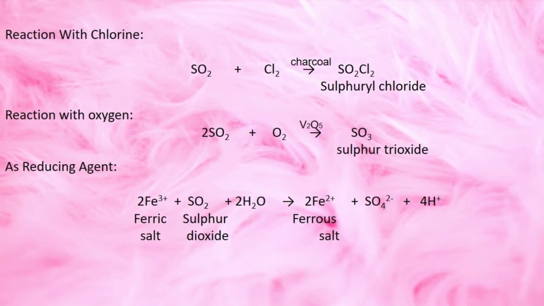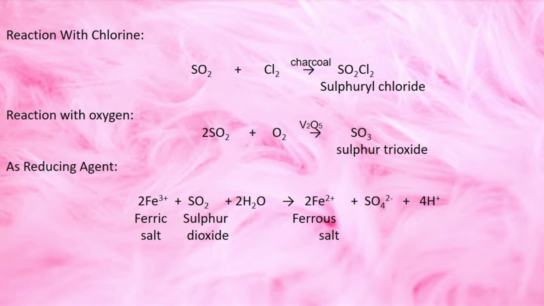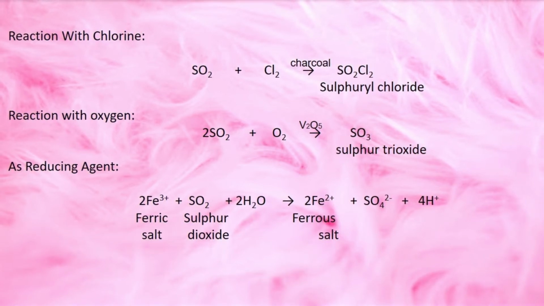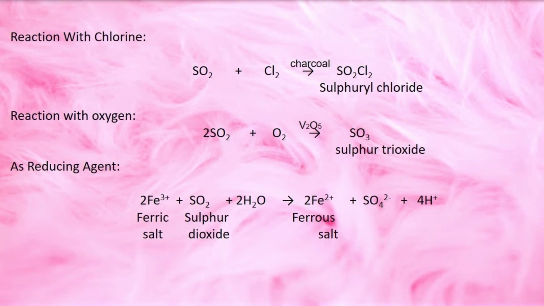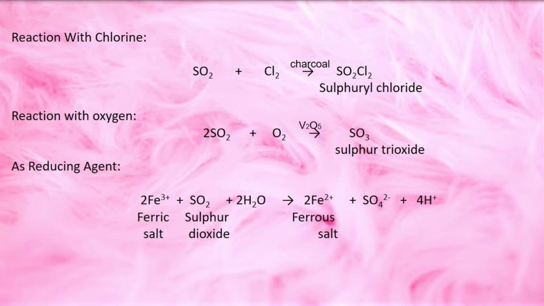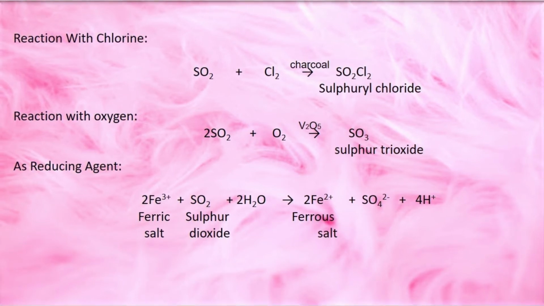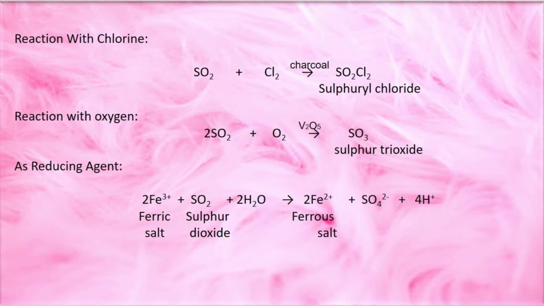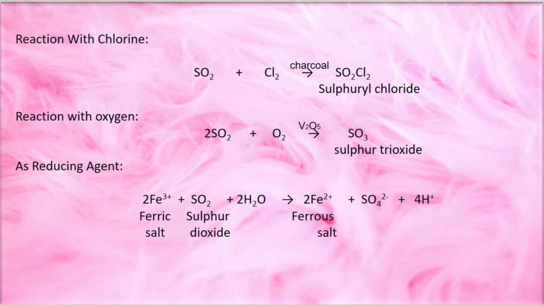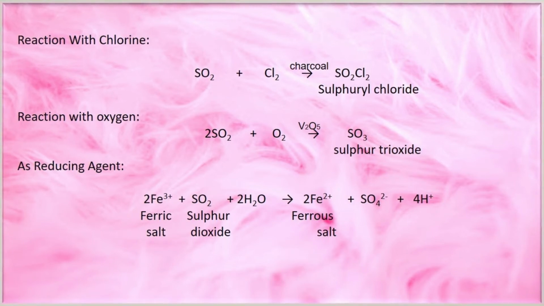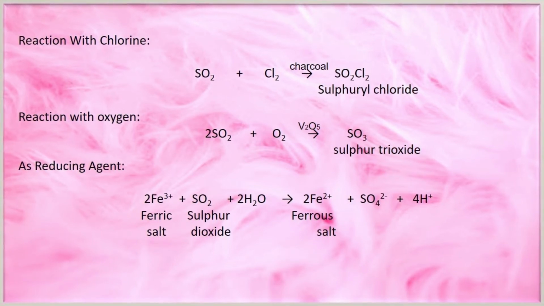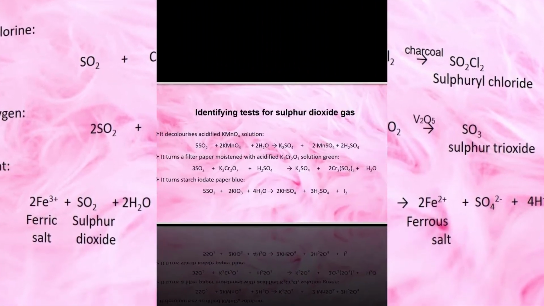Sulfur dioxide reacts with oxygen in the presence of vanadium pentoxide as catalyst to form sulfur trioxide, that is SO3. Sulfur dioxide also acts as a reducing agent. For example, it reduces ferric salts, that is Fe3 plus ions, to ferrous salts, that is Fe2 plus ions.